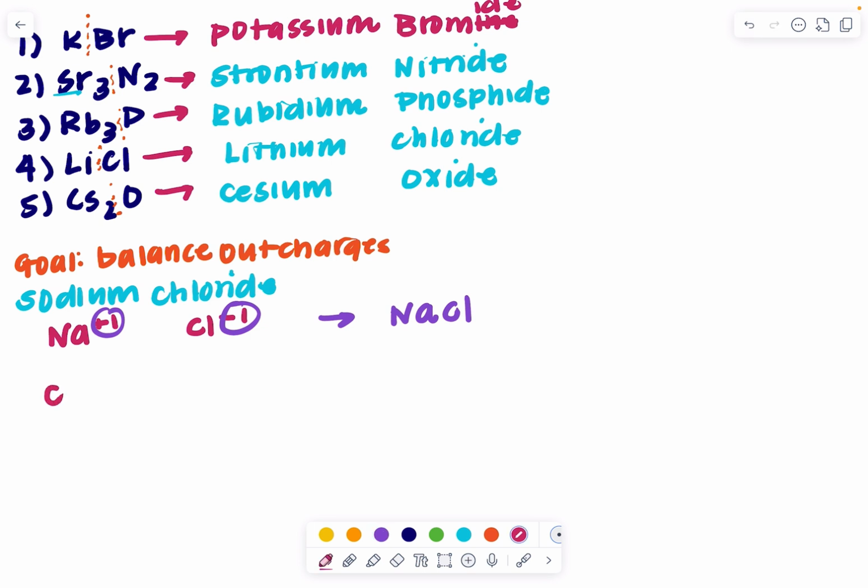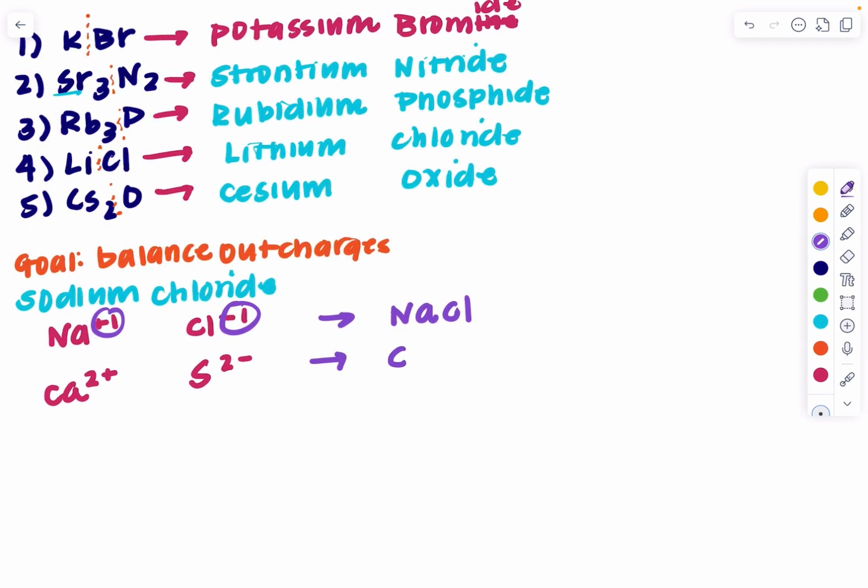Same thing if we had something like calcium and sulfur. Calcium is 2+, sulfur is 2-. They already balance out, so we have CaS, calcium sulfide.